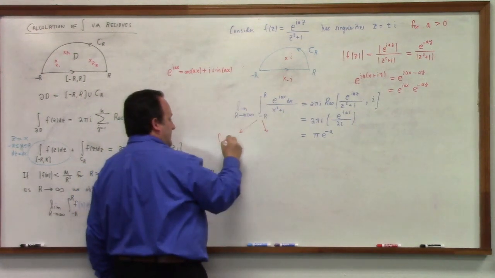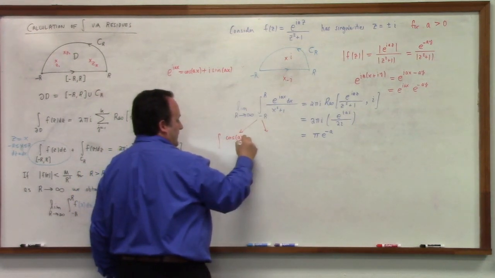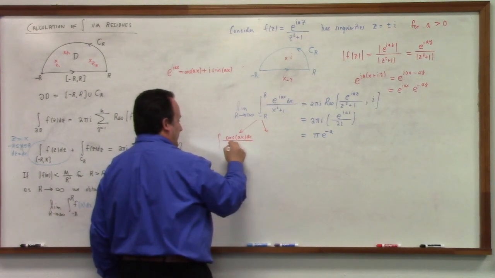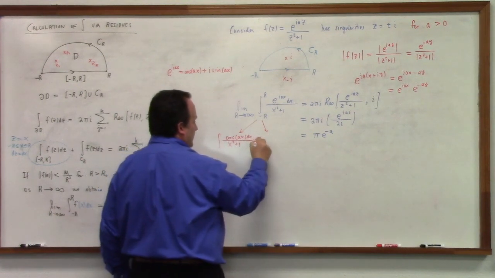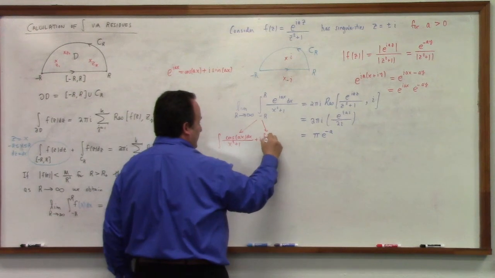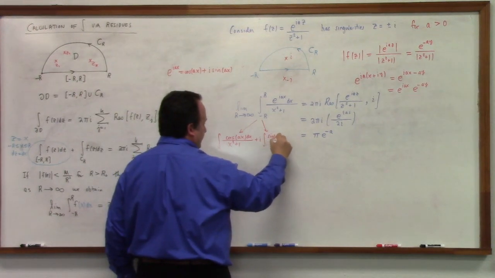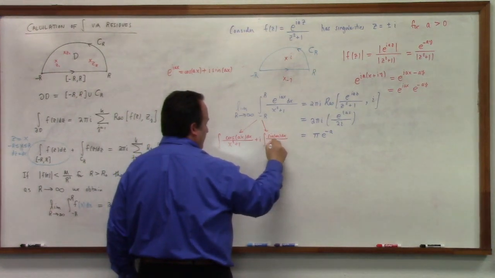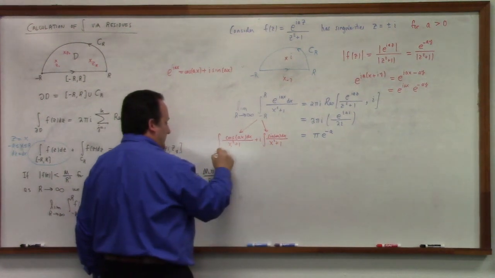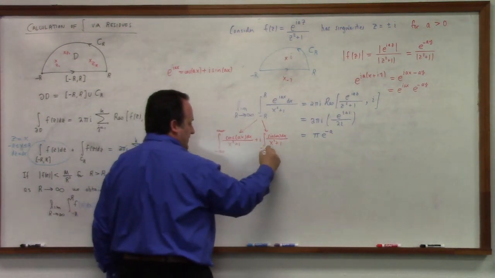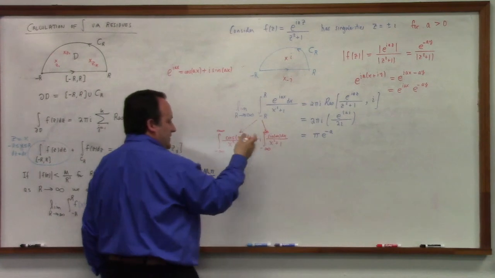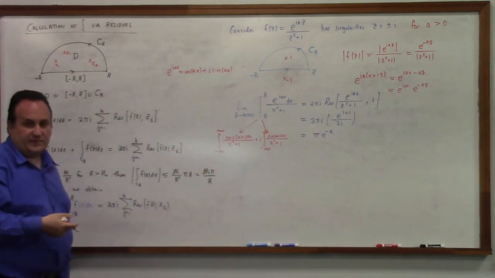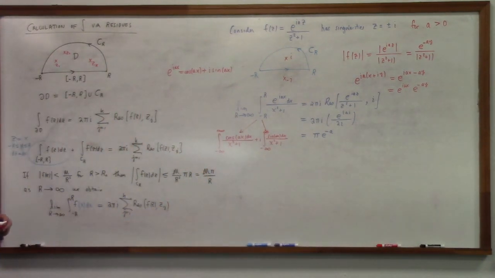So this is straight up the integral of cosine of ax dx over x squared plus 1 plus i times the integral of sine of ax dx over x squared plus 1, minus infinity to infinity. Again, I'm assuming that the principal values of those integrals are equal to the integrals.